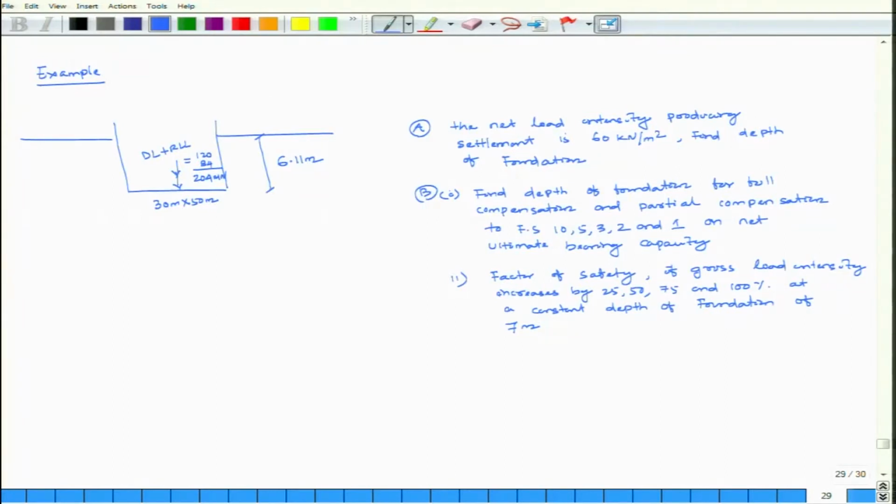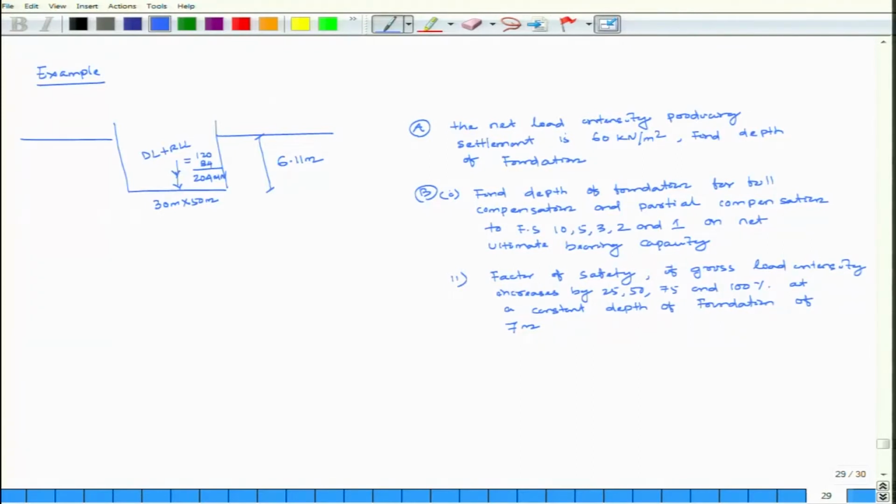So, very simple. The raft size is given as 30 meter by 50 meter, and the dead load and reduced live load is given as 204 meganewton. First one is the net load intensity producing settlement is 60 kilonewton per meter square. Find the depth of the foundation, and in part B there are two sections.